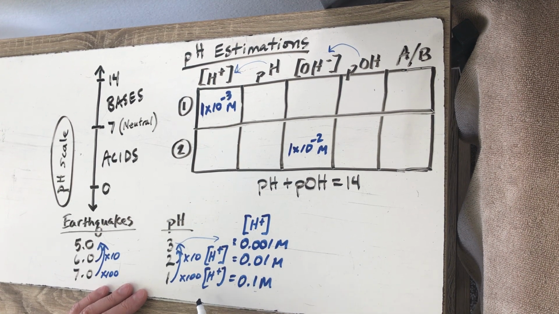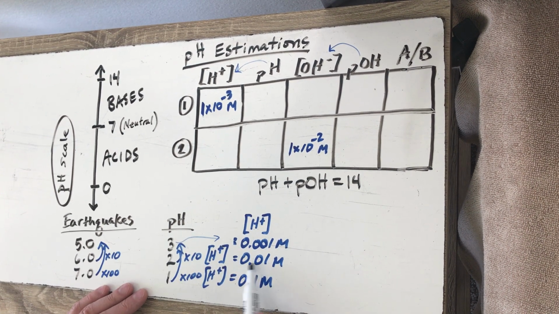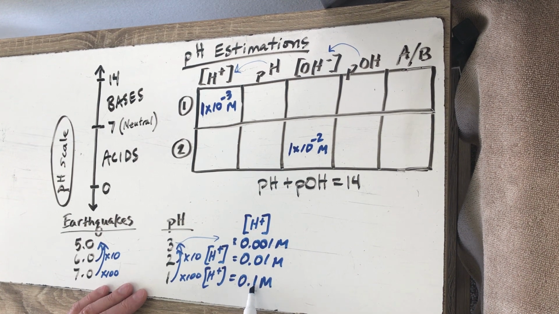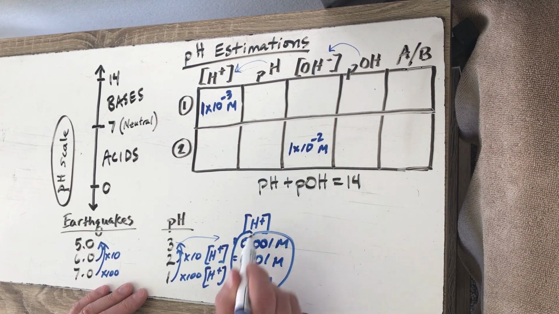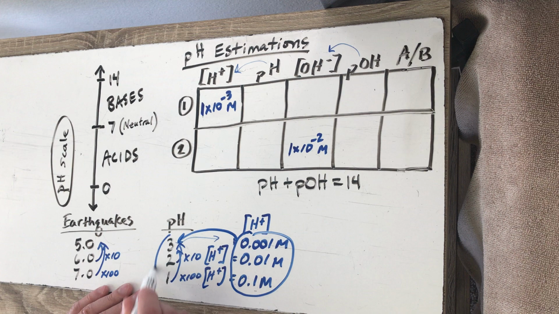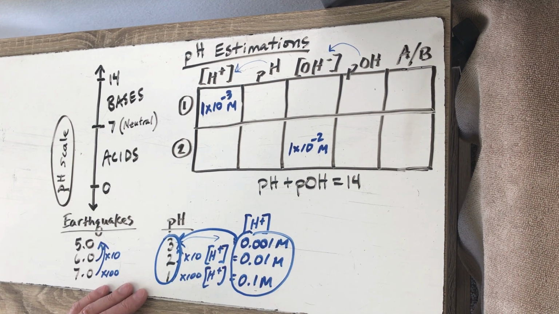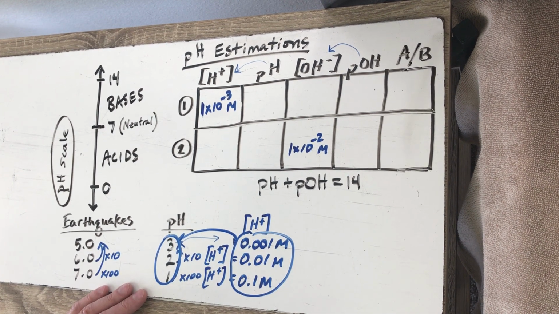It's like moving the decimal 1 spot, which is a factor of 10. This is 10 times more diluted than this is. This is 100 times more diluted than this is. But how can we do these numbers and relate them to a pH value easily? And the answer to that is to use scientific notation.